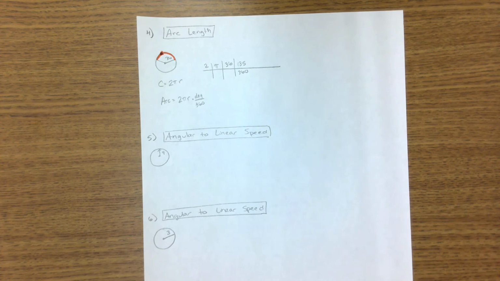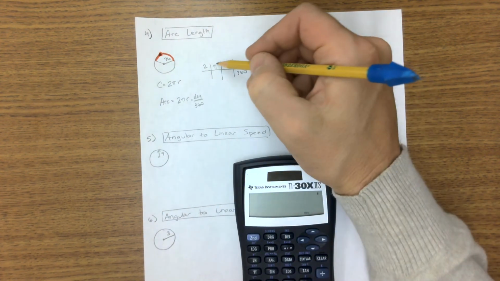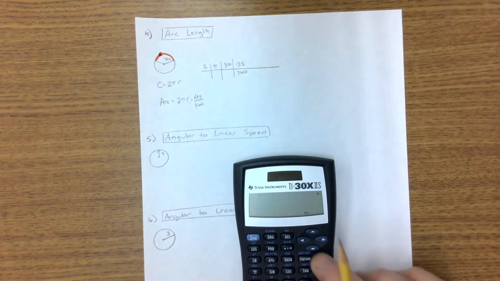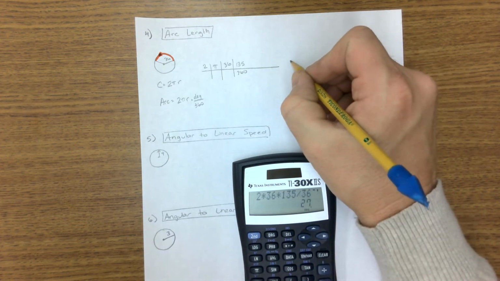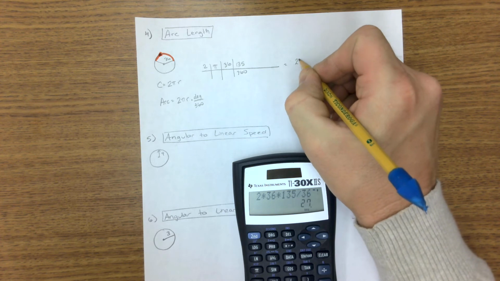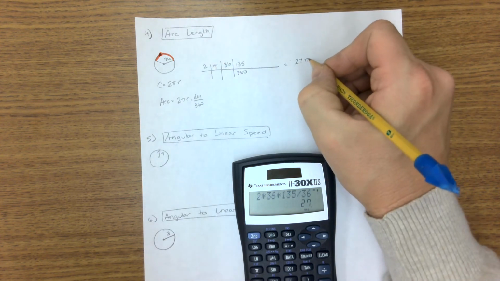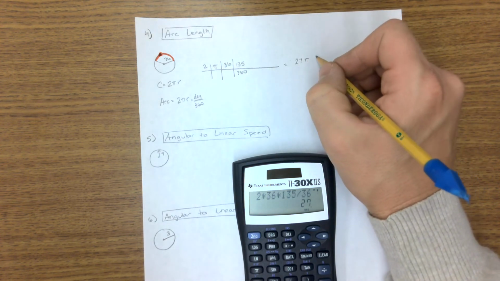Now we have pi in here, so it's going to be a little messy. Let's do without pi first. 2 times 36 times 135 divided by 360. See what we get? Hey, we get exactly 27. So the exact answer is 27 pi, and the unit is in inches.